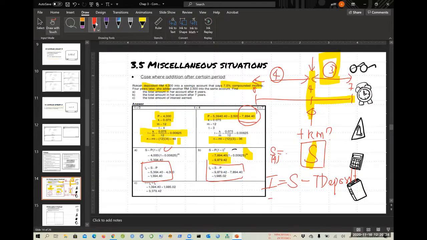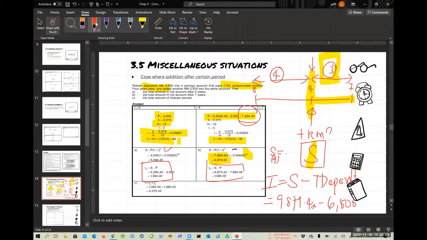So what you have here is actually 9,879.42 minus 4,000 plus 2,500, that is 6,500.